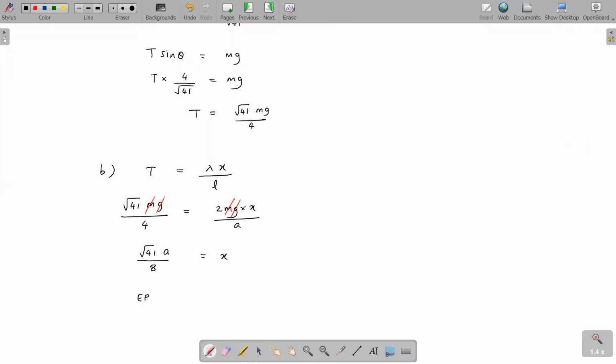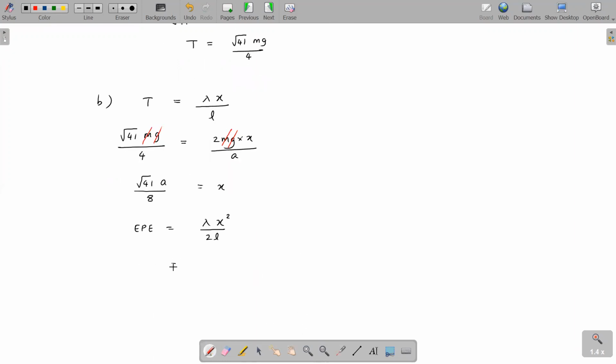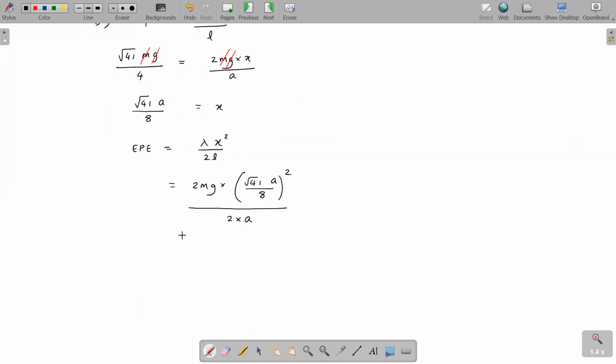So elastic potential energy stored in the string is lambda x square over 2L. Lambda value is 2 mg. Extension is root 41 A over 8, squared, divided by 2 times natural length A. Actually, you can cancel out 2 here, 2 to 2.